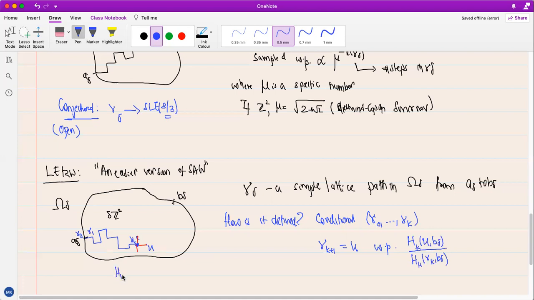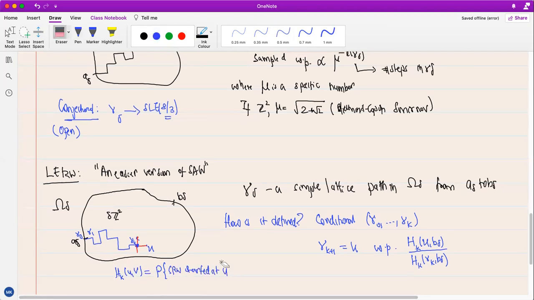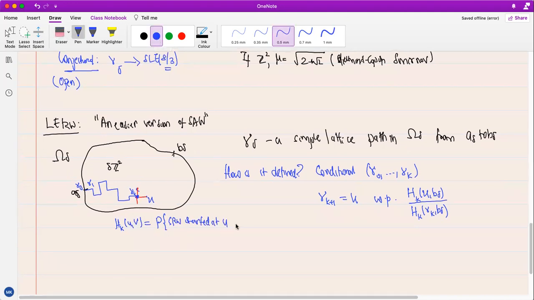What is h_k? h_k of u v is the probability that if you start a simple random walk at u, it hits v on or before exiting this omega delta minus all the things that already exist.